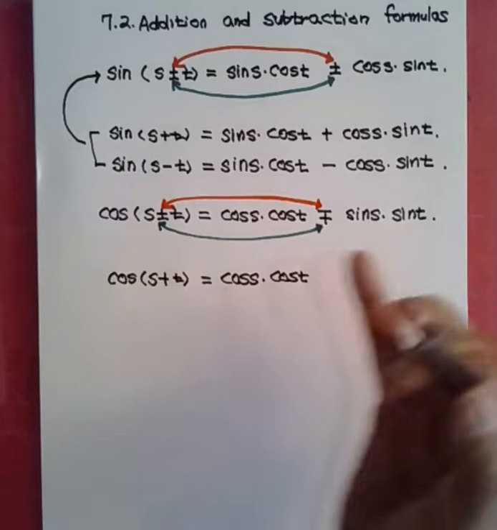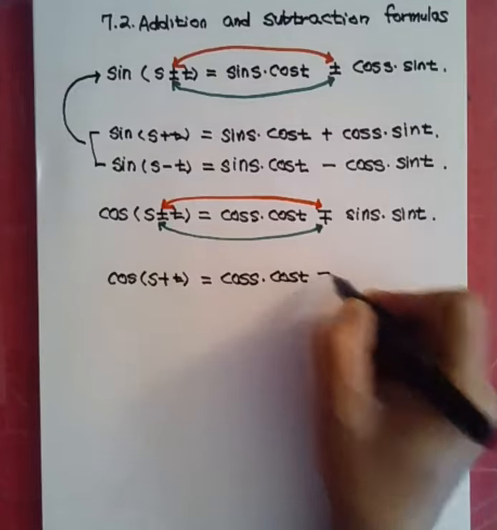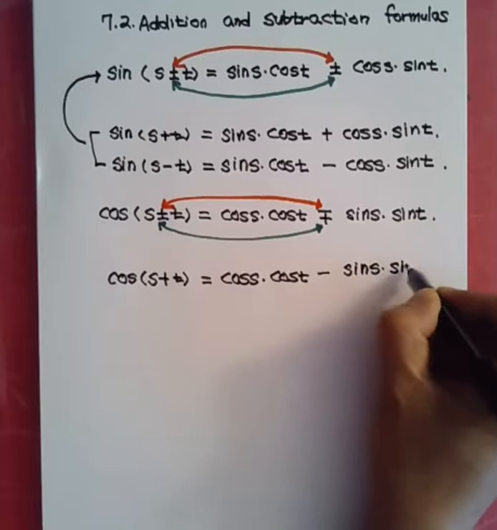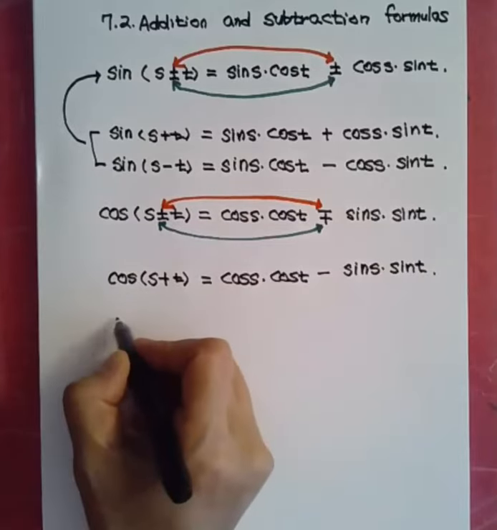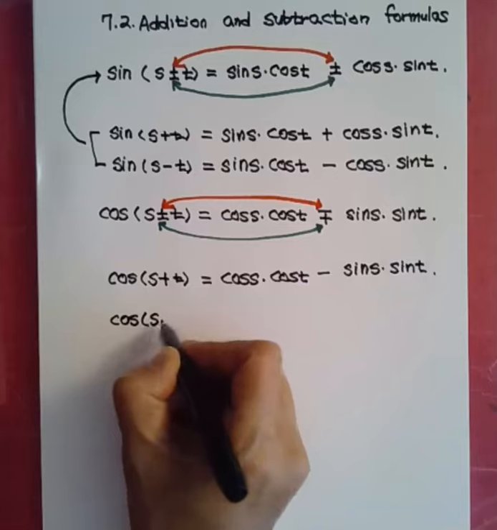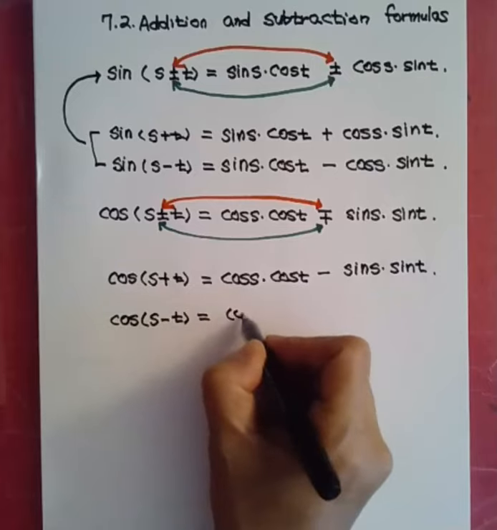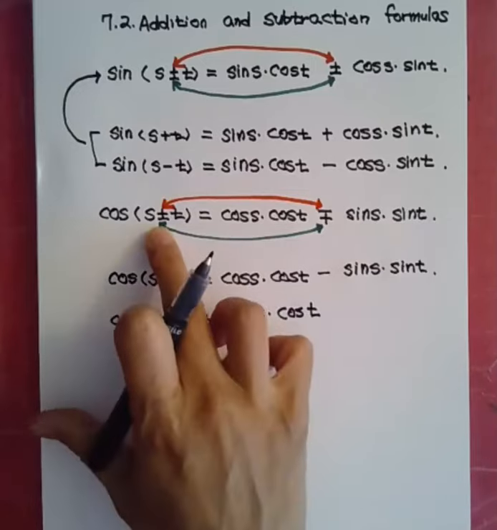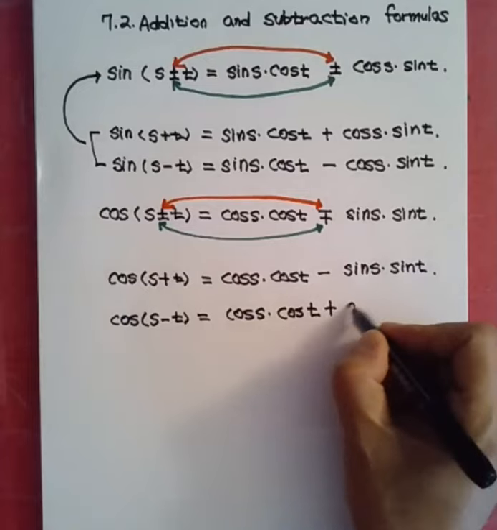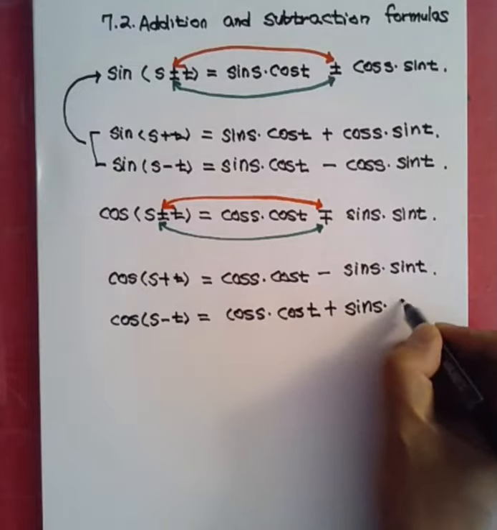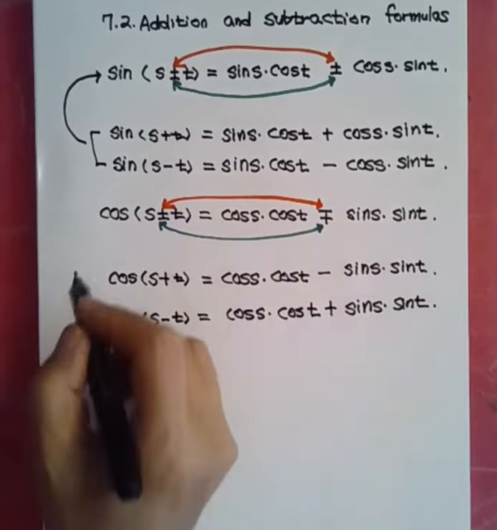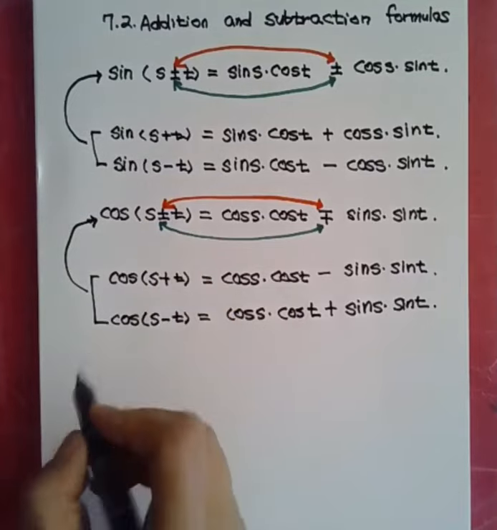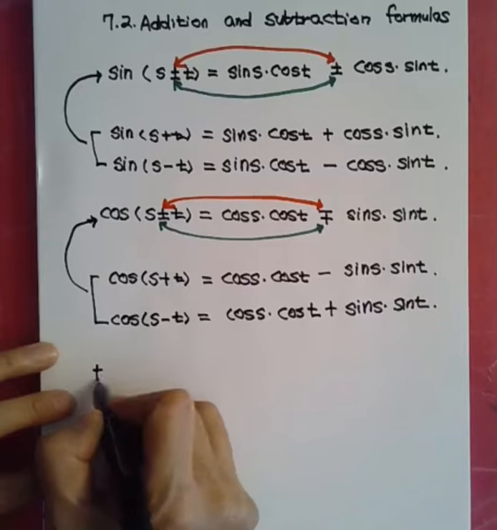This time the middle sign has changed, become minus, sine of s times sine of t. The cosine of s minus t equals cosine of s times cosine of t, minus became plus, sine of s times sine of t. So that's the meaning of this formula.